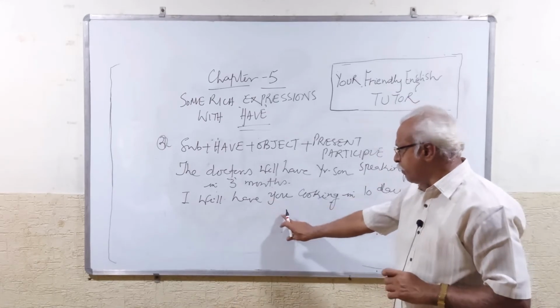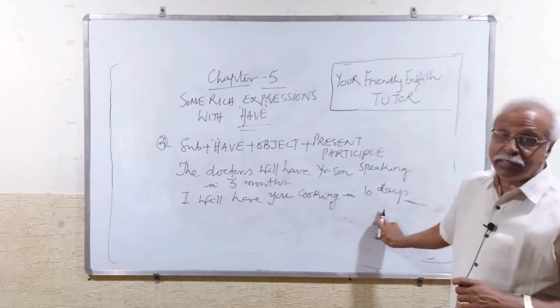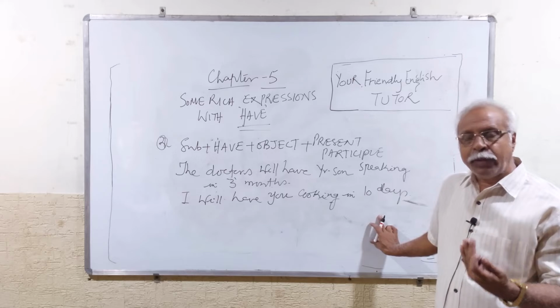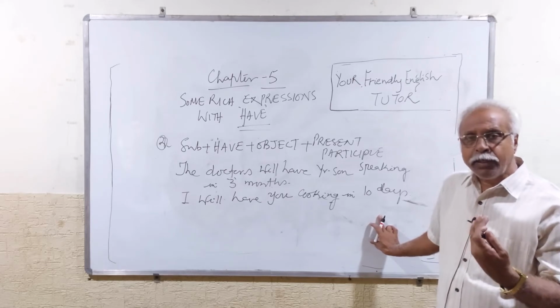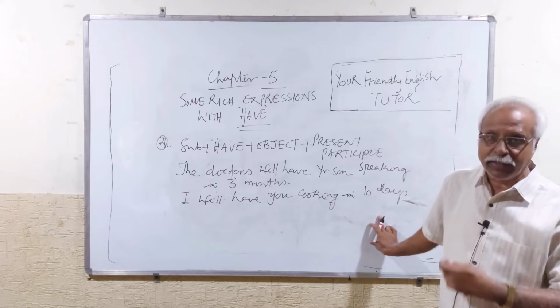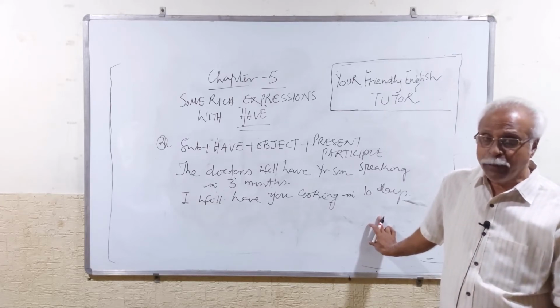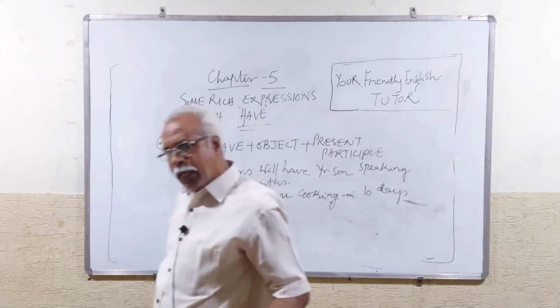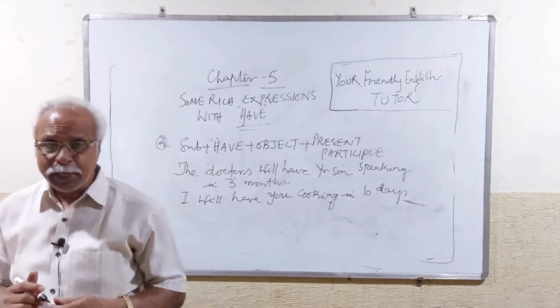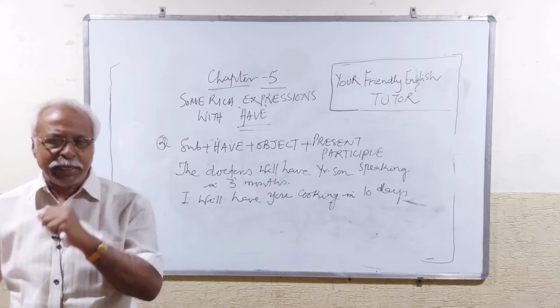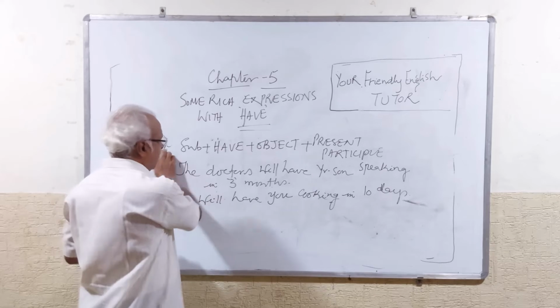I will have you cooking in 10 days means by my efforts, by my teaching, you will perhaps learn how to cook in 10 days. That's the meaning of this sentence. Am I clear? How beautiful it is. Okay? One more expression which you have already learned, I would like to revise here because that's a bit tricky, a bit difficult. Am I clear?